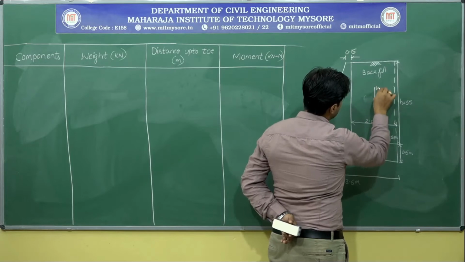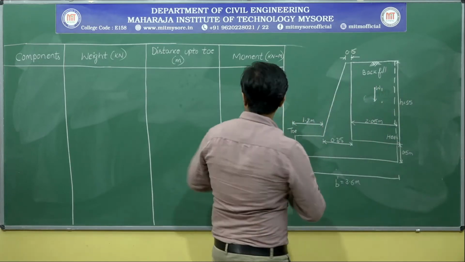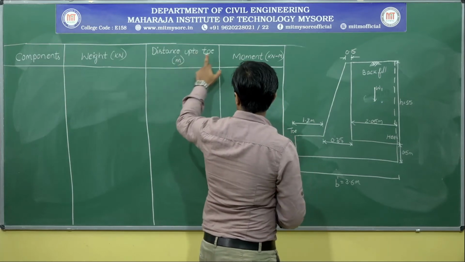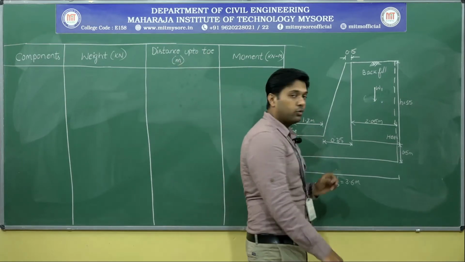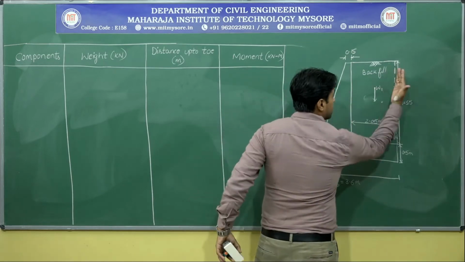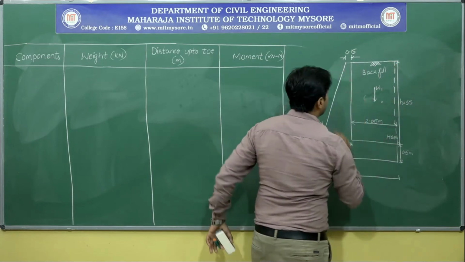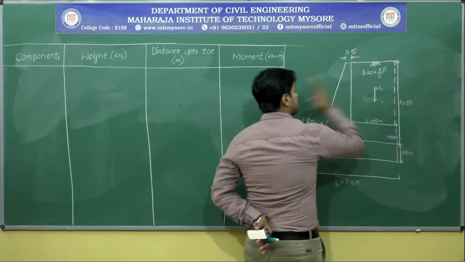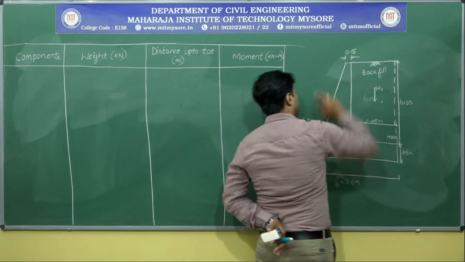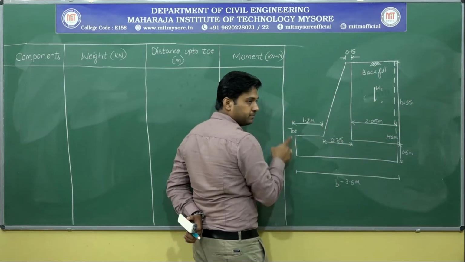I will be calling it W1. And I have written it here, distance up to the toe. Why only to the toe? Why not to the heel? The reason is, the soil is over here, and the soil will be pushing this particular retaining wall in this direction. Whenever it tries to push, the most critical point is this particular portion.